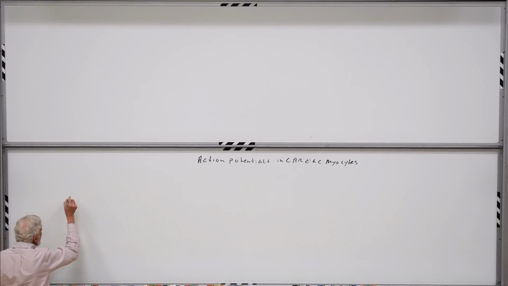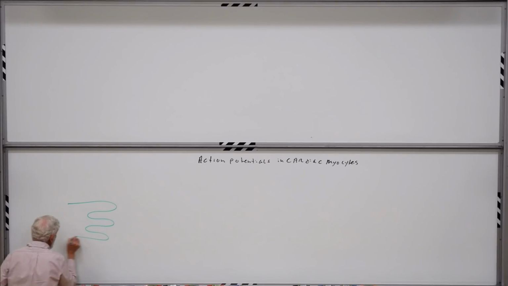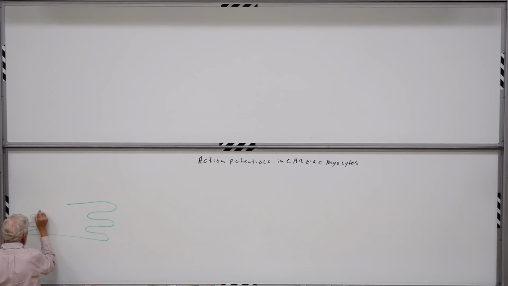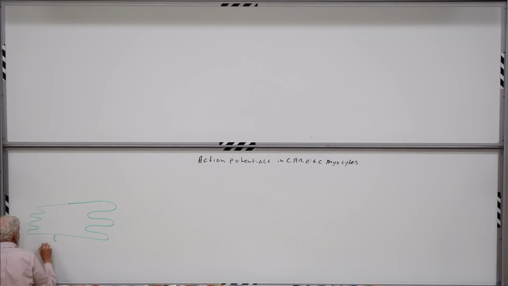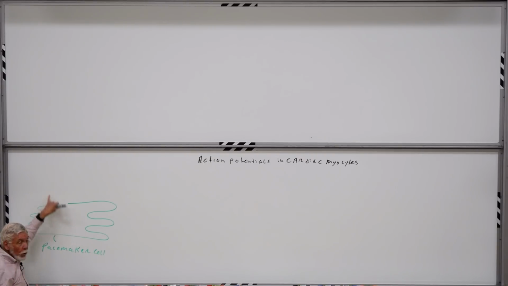And the first one I'm going to put up here, I'm going to label as a pacemaker cell. This pacemaker cell could be found in either the atrioventricular node or the sinoatrial node, either one of those.